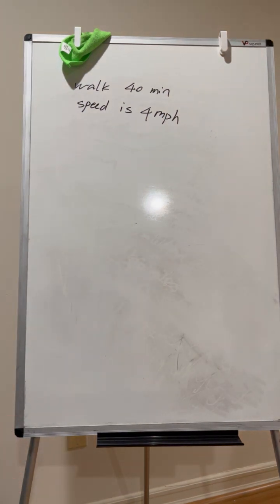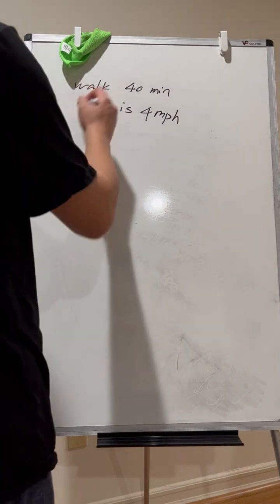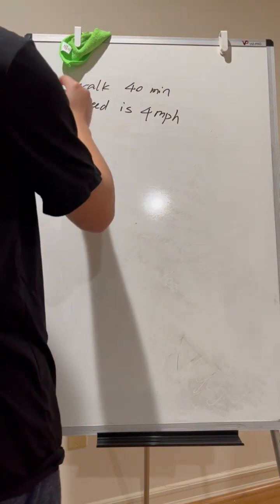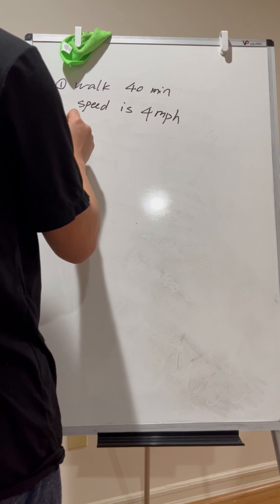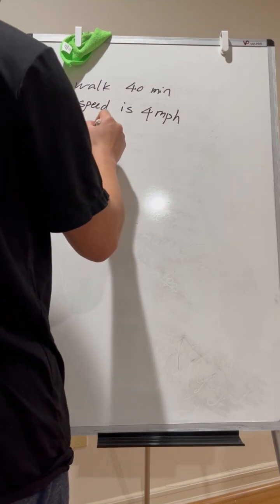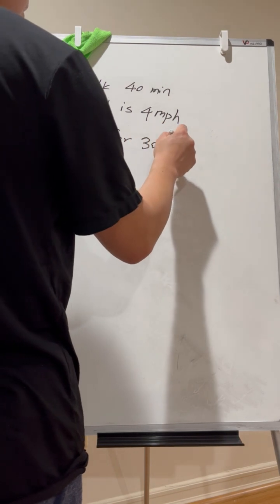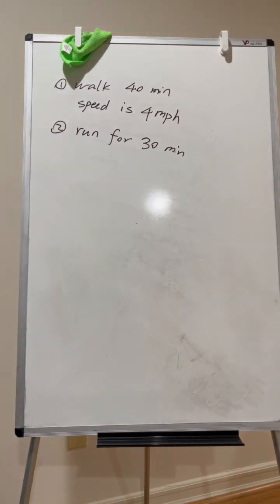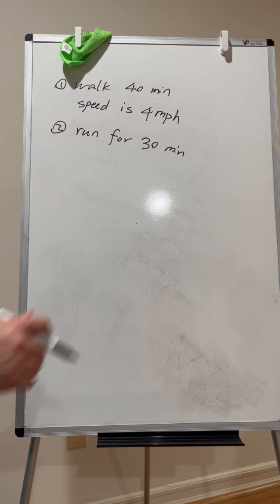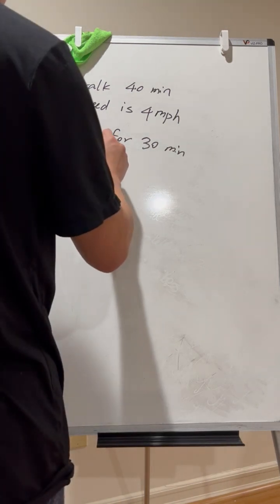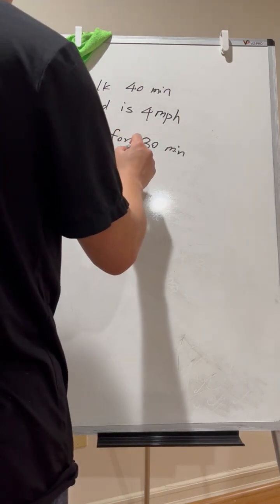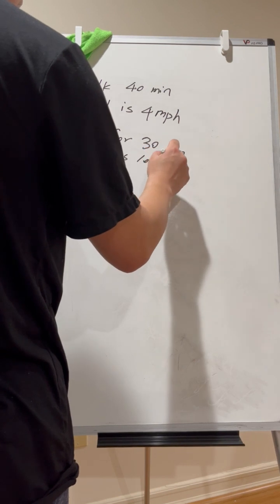And then you run for 30 minutes, so you first walk and then run for 30 minutes at a speed of 10 miles per hour.